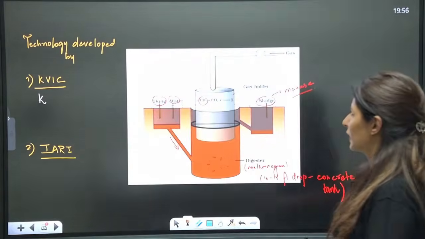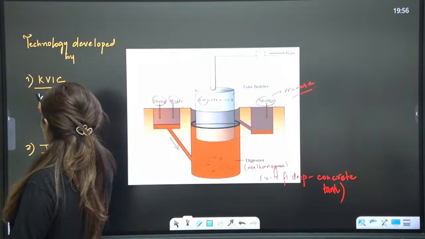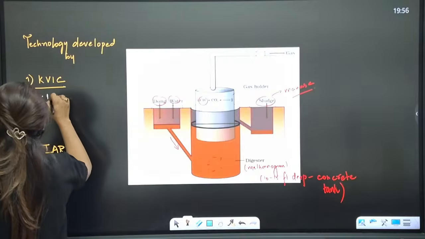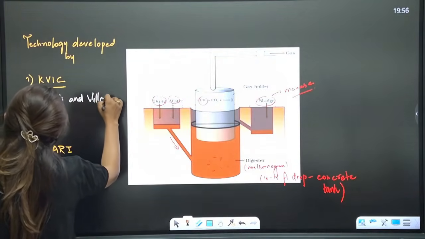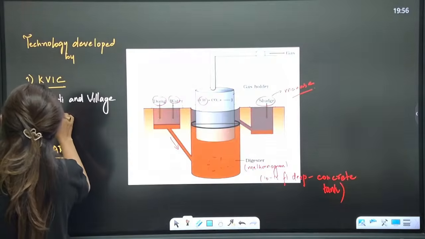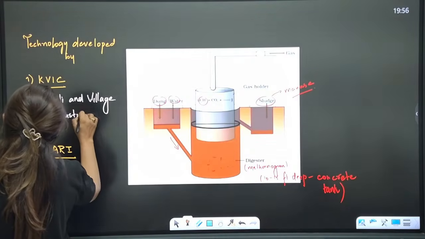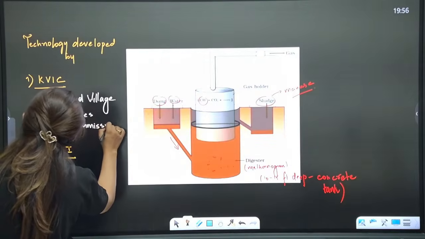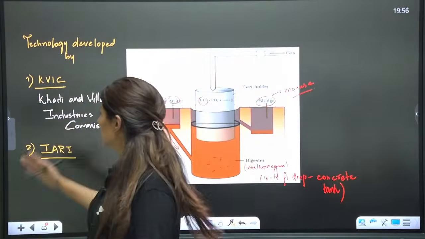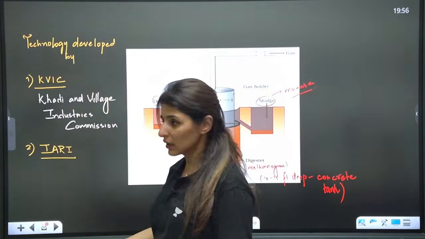All right. So it was the Khadi and Village Industries Commission. Is that clear? It was a collaboration of these two bodies who developed this technology for developing this green fuel.